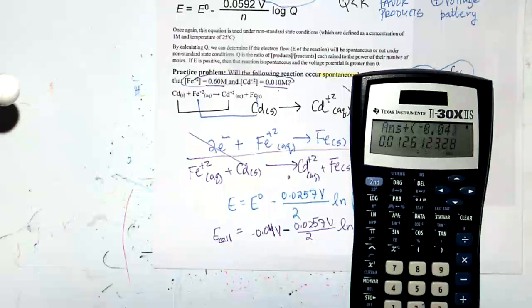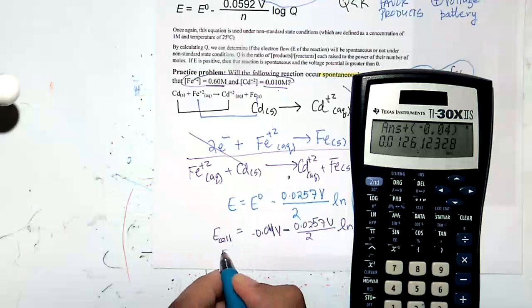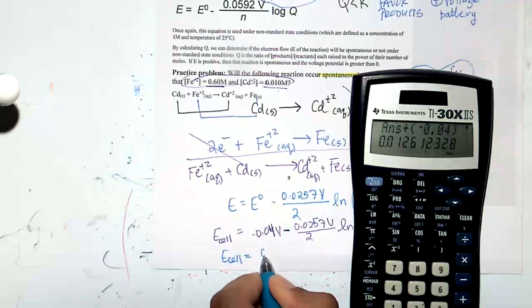Can we do this on our calculator? And then I'm getting positive 0.013 volts. Make sure you put the units of volts in. And this is our answer.